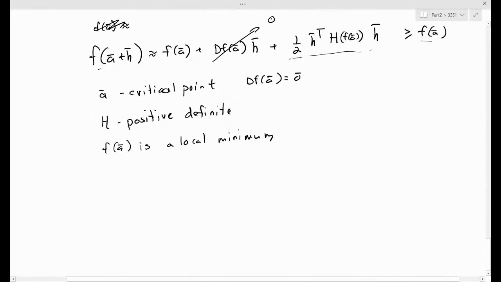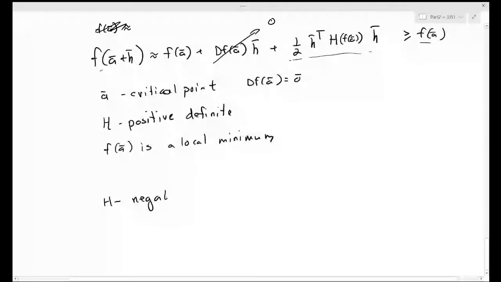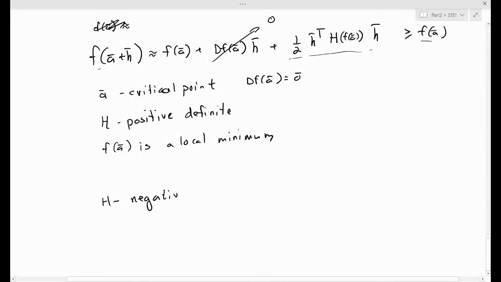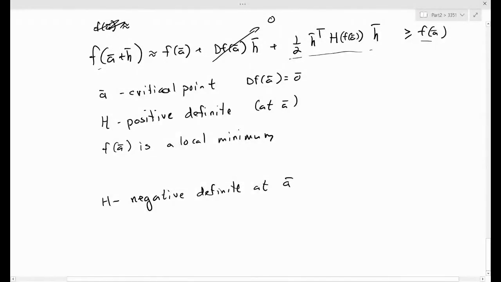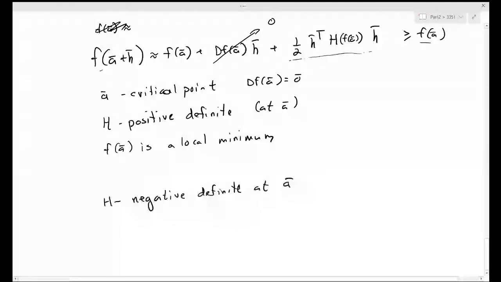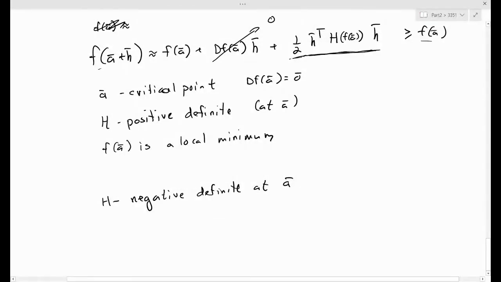Okay. And on the other hand, if H is negative definite at A, then we see that this quadratic form would be negative by definition. Remember, H is approaching the 0 vector.